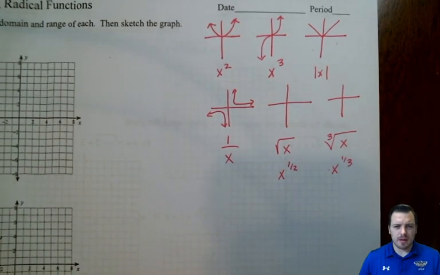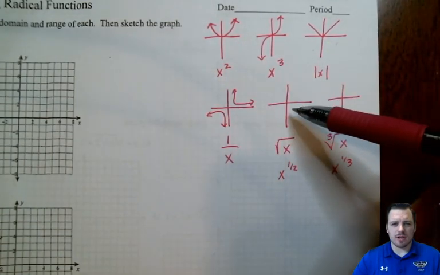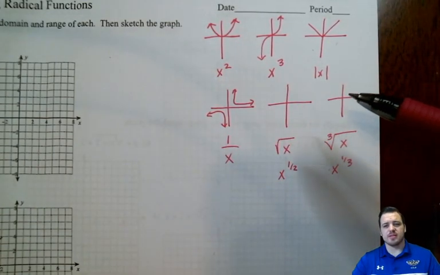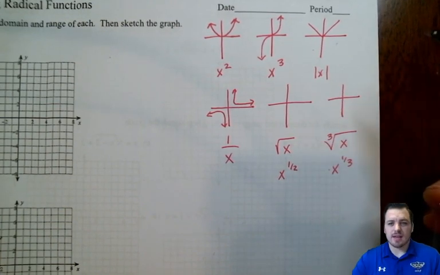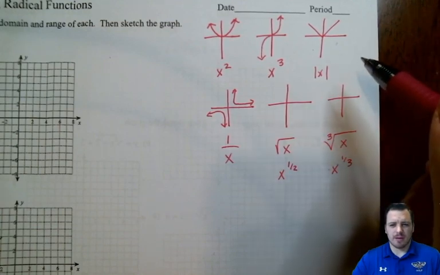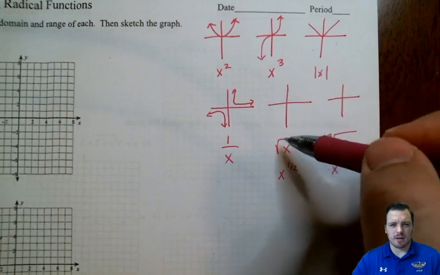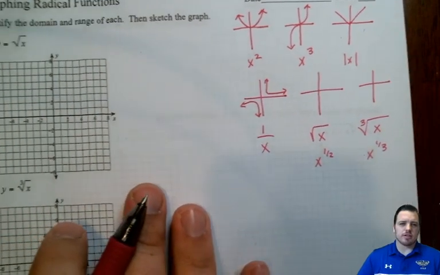So we've done these 4. Now we're going to move on to this and this. That'll be 6 functions for the year that you know. Once we go to chapter 6, probably in May, we'll do another function as well. So let's jump over here.